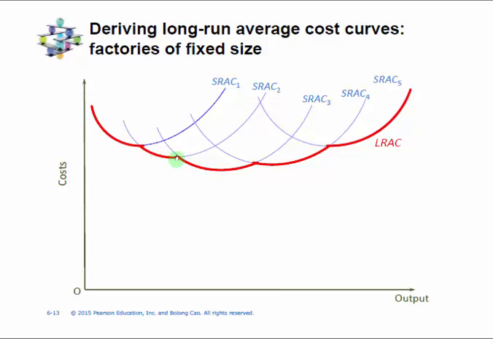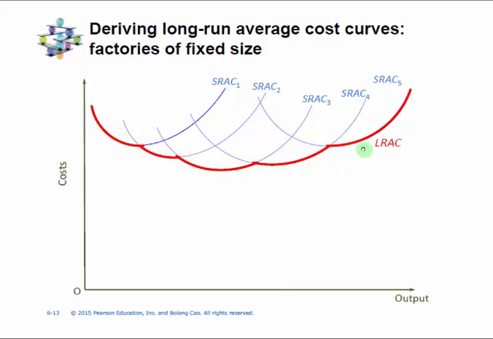And if I produce beyond this quantity level, then I can achieve lower average cost by using not only 2 factories, but the third factory as well. So this so-called envelope curve, covering the lowest portion of every short-run average cost, gives us the long-run average cost.